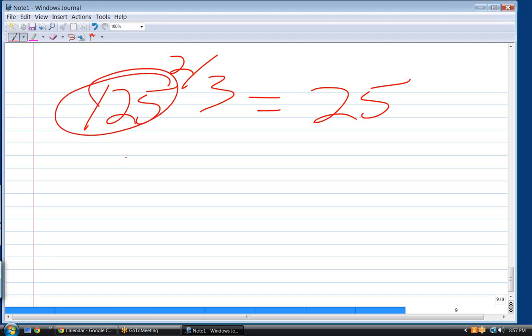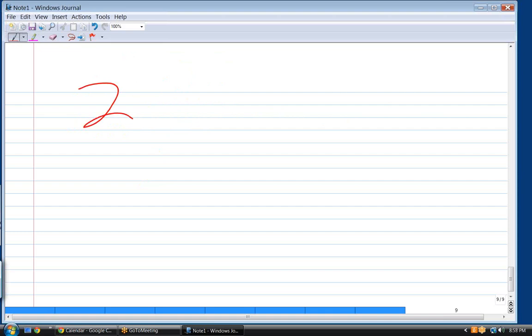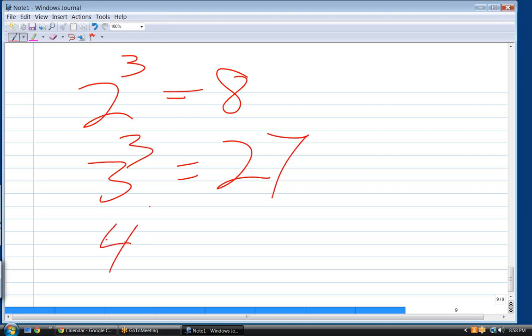The cube root is always going to be 2, 3, or 4. But it's worth knowing: 2 cubed is 8, 3 cubed is 27, and 4 cubed is 64. So it goes up fast when you're cubing.